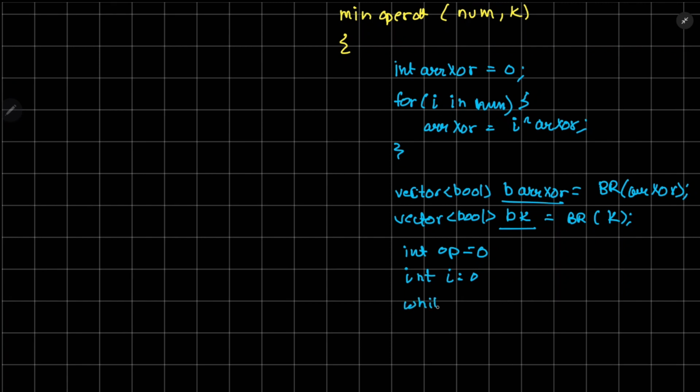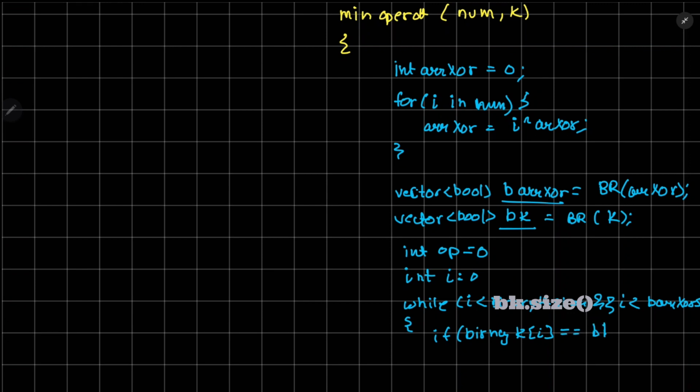So while i is less than binaryK dot size and i is less than arrayXOR size, what we are going to do here is, if our binary representation of K, this vector bk of i, is... this is not binaryOfK, it should be b of arrXOR.